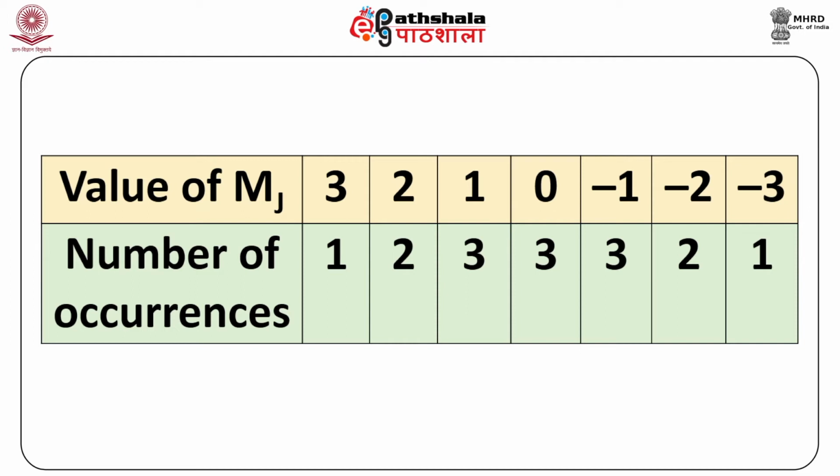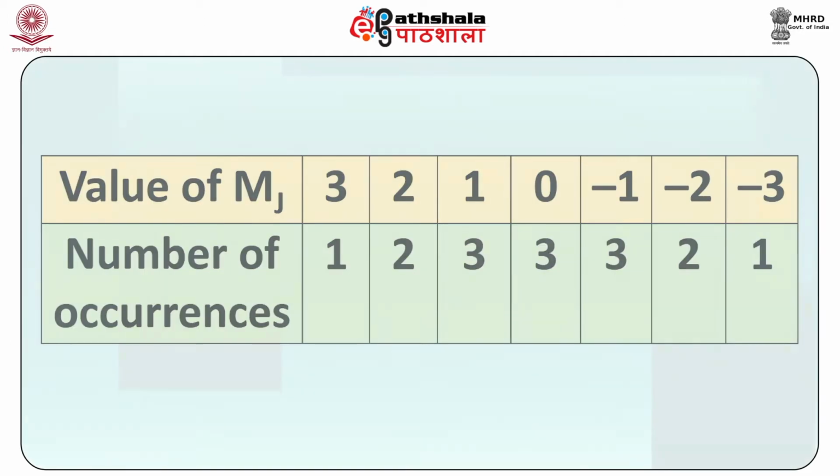Now, if we look at the combinations of mj1 and mj2, we find that the value +3 occurs once, the value +2 occurs twice, the value +1 occurs thrice, the value 0 occurs thrice, the value -1 occurs thrice, the value -2 occurs twice, and the value -3 appears only once.